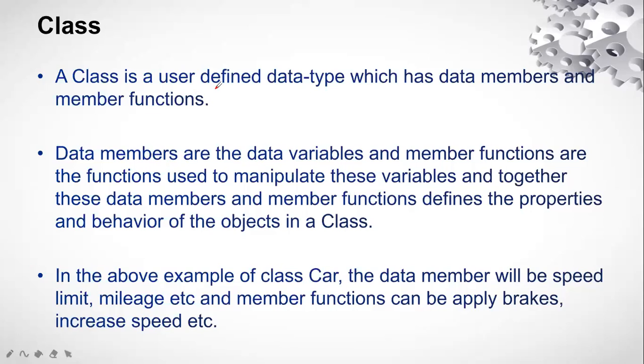That is, it is a user-defined data type, right? Which has two things, that is data members and member functions. Now, data members are what? These are the data variables, and member functions are what? These are used to manipulate these variables, and together data members and member functions are defined as the properties and the behavior of the objects in a class.